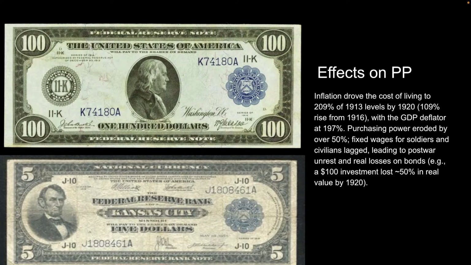With the GDP deflator at 197%, purchasing power eroded by over 50%. Fixed wages for soldiers and civilians lagged, leading to post-war unrest and real losses on bonds. A $100 investment lost 50% in real value by 1920.